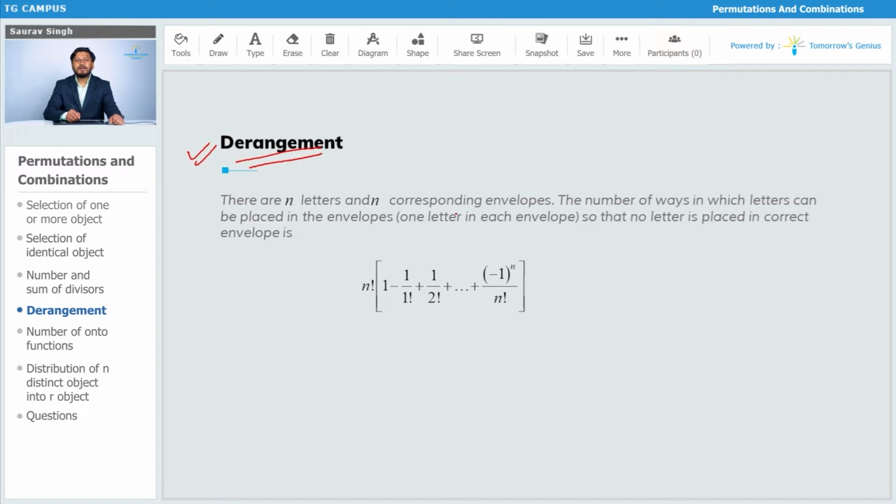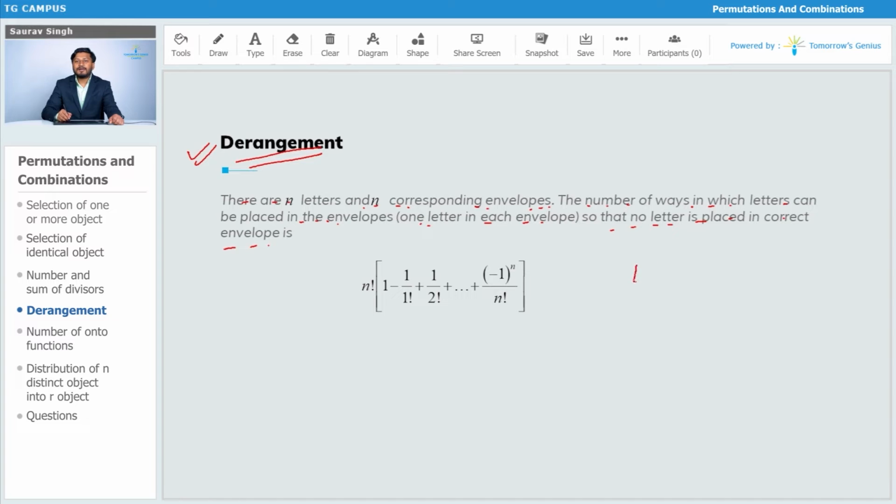What does derangement mean? Suppose there are n letters. So we have n letters, and corresponding to those n letters we have n envelopes. The number of ways in which letters can be placed in the envelopes so that no letter is placed in the correct envelope.